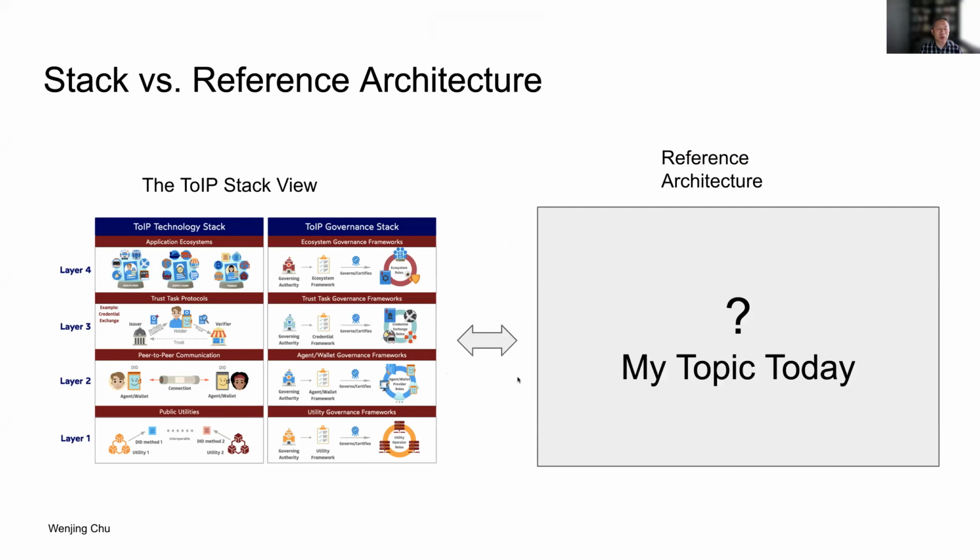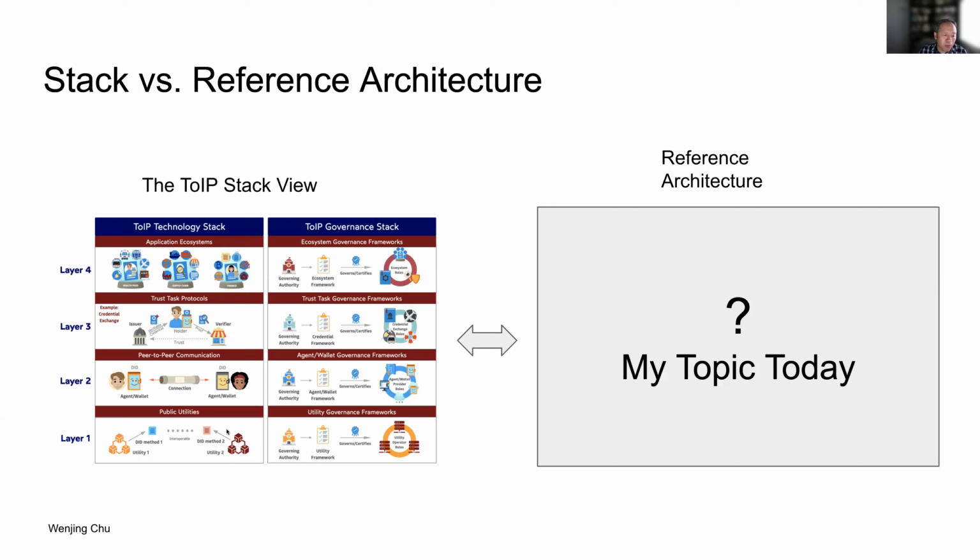So what we're trying to do, the background here is that it is a new organization, Trust over IP, who proposed a dual stack on how to implement trust or introduce trust support over the internet.